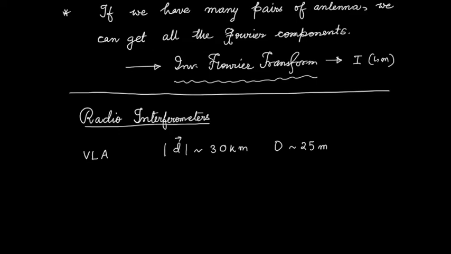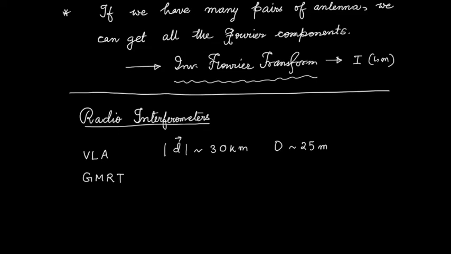VLA works at certain frequency ranges. For low frequency, the largest interferometer of the same class is made and maintained in India. VLA stands for Very Large Array. It's in New Mexico, in the United States.